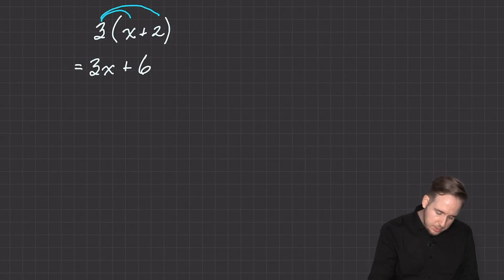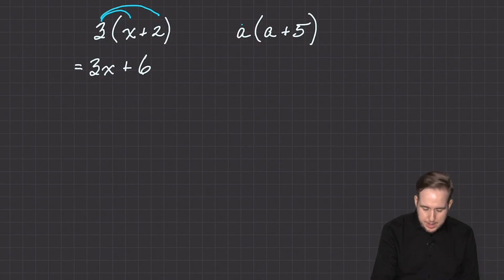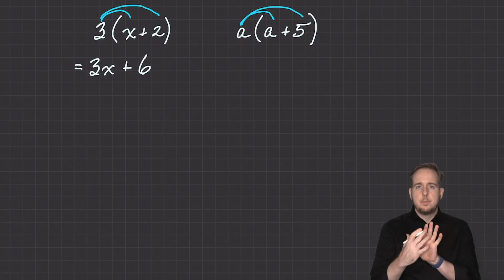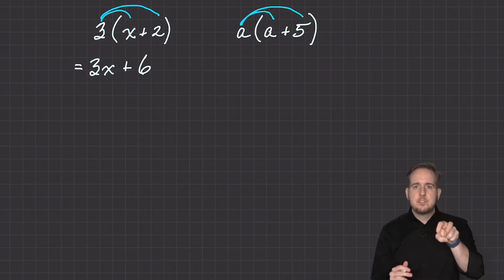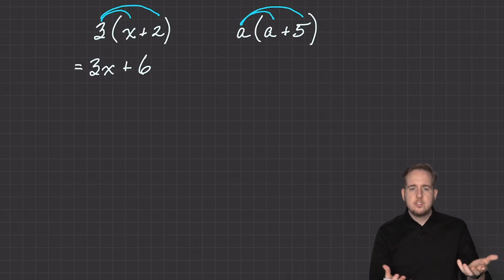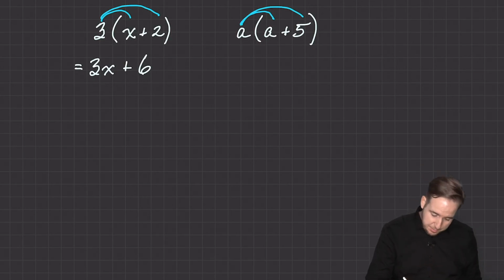So let's do another example. How about, we'll take a variable. We'll do a times a plus 5. So again, I'm going to distribute. So a times, when you have multiplication butted up against a bracket, it just leaps into the bracket and spreads over, kind of like an infectious disease.